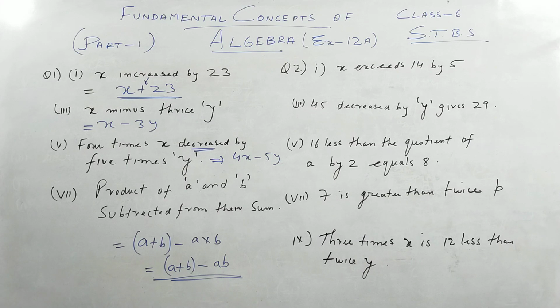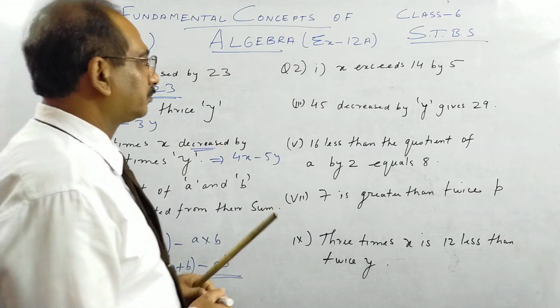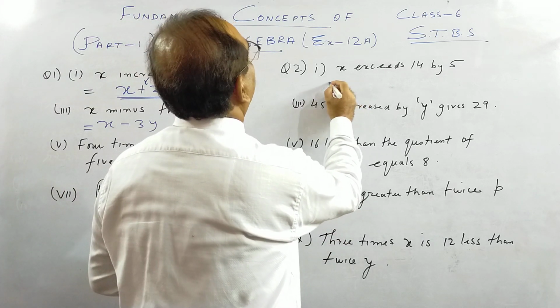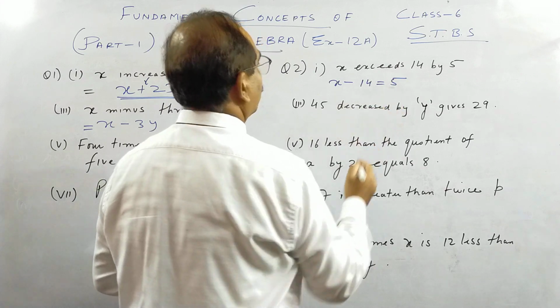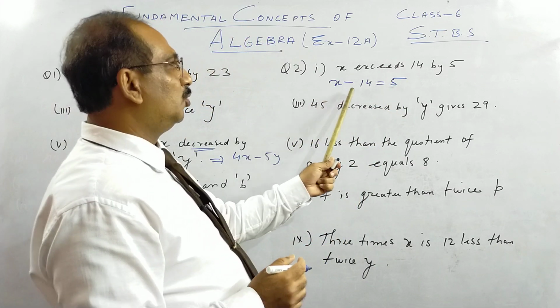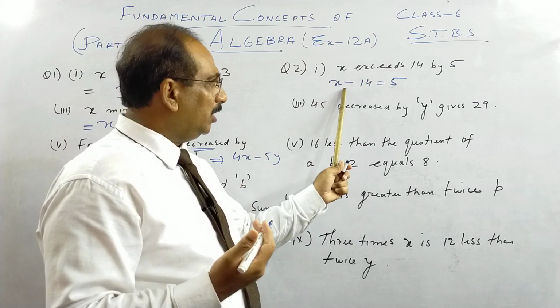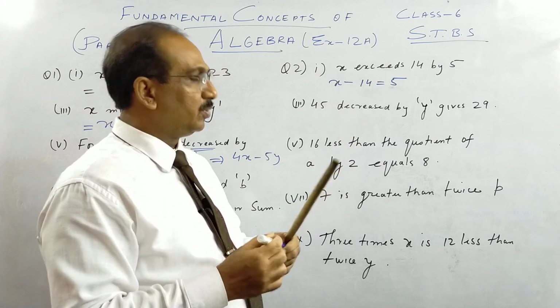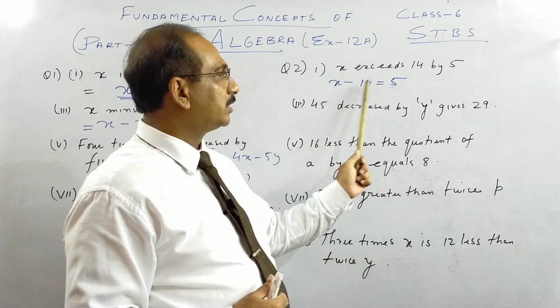Then we move on to question 2. You see 2 part 1: x exceeds 14 by 5. x is more than 14, so you can think about the answer, 19. I'm telling you the answer later on in the next exercise; it will go to that side and x will be 19.